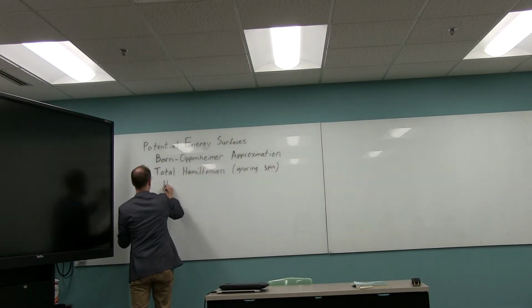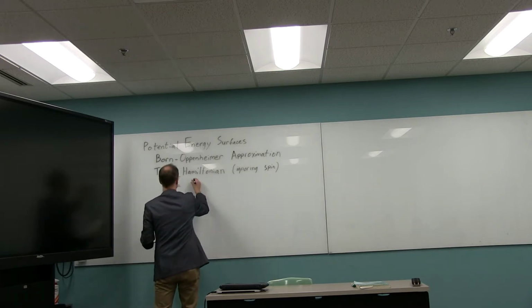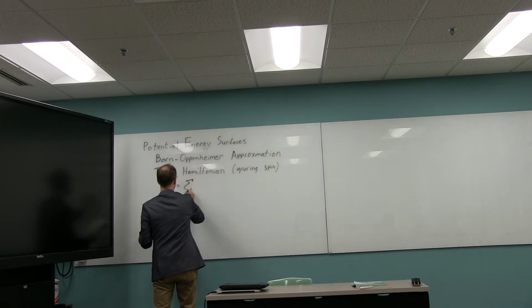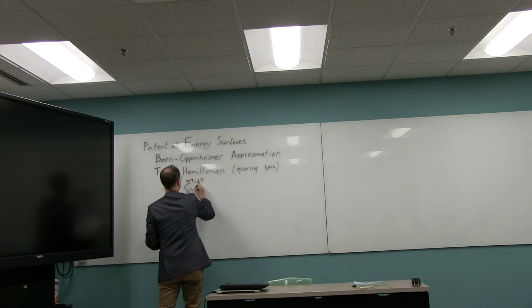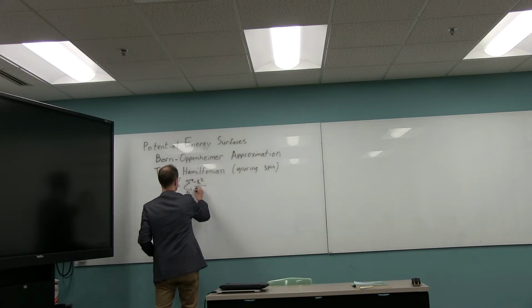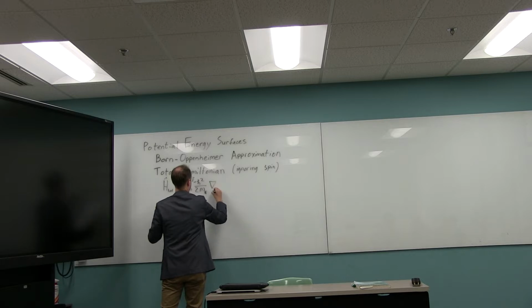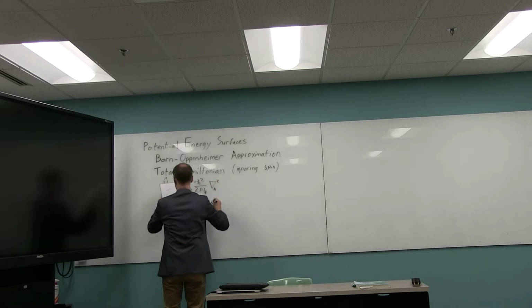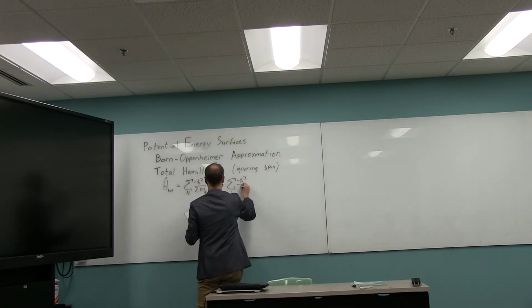The total Hamiltonian, H total, we could write as a sum of terms. For all the nuclei, we have to sum over each nucleus, and we need a term for the kinetic energy of the nucleus. And we have to sum over all the electrons, and we get a kinetic energy for each electron.